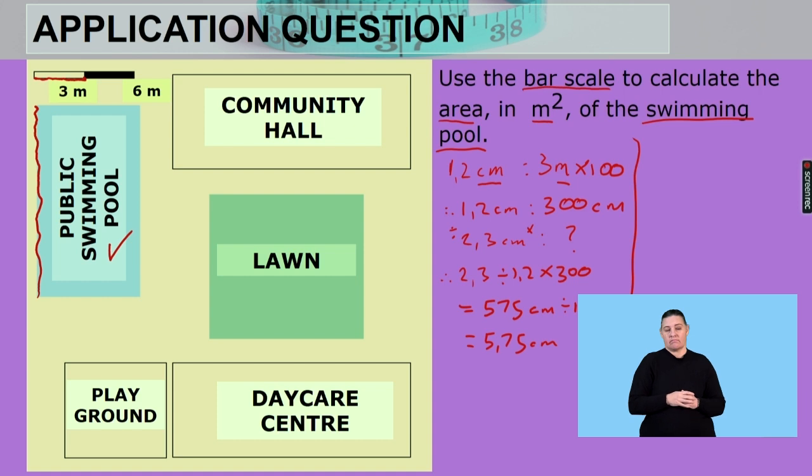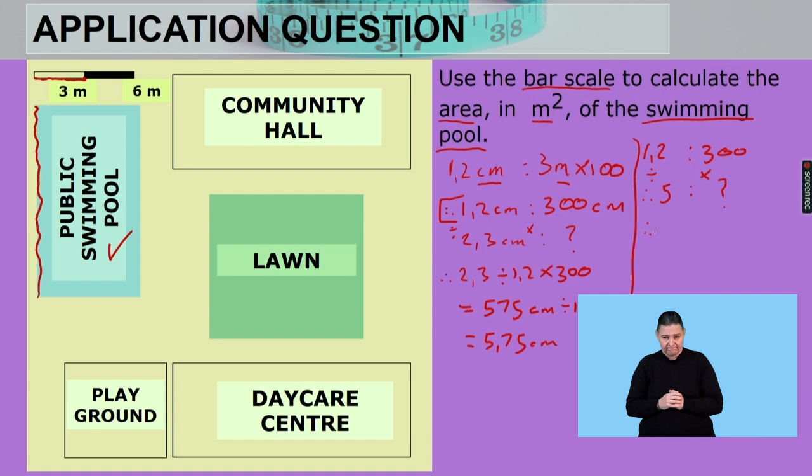I'm going to start with this one because that's where we've already converted everything to centimeters. 1,2 centimeters is to 300 centimeters. Therefore, when I measure that distance, I got it to be 5. So 5 centimeters is to, we don't know yet. We'll get there. Divide here, and then times there.